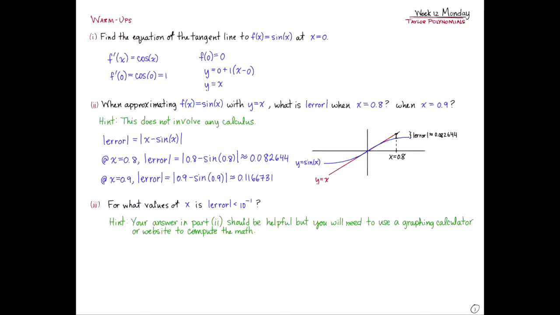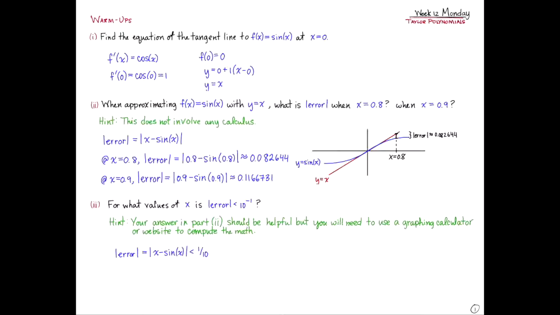So we know that somewhere in this interval between x equal to 0.8 and x equal to 0.9, the size of the error is going to be 1/10. Algebraically, we would write this as the absolute value of x minus sine of x, which we want less than 1/10.